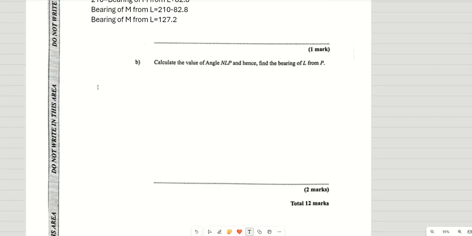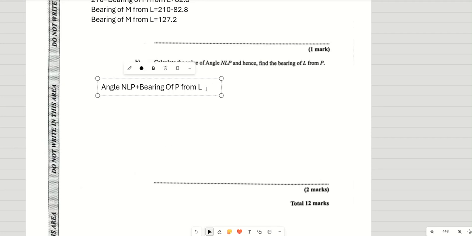So angle NLP, right, plus the bearing of P from L, which is the green one, is equal to 360.